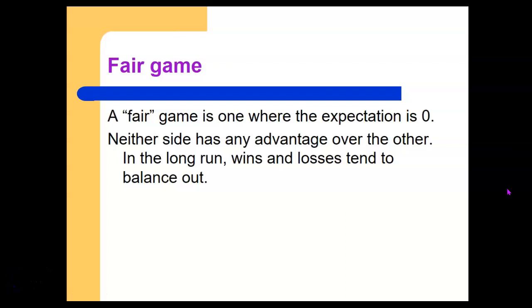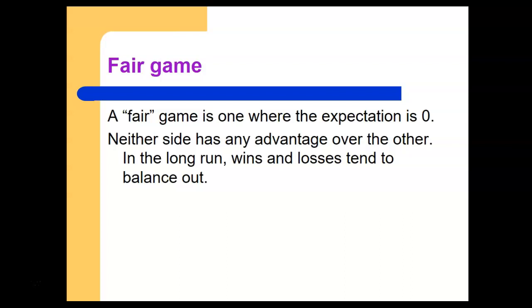Now, if you play the lottery or the slot machines or any casino game or anything like that, it's almost certainly not going to be a fair game in this sense of the word. That doesn't mean that they're trying to cheat you, that they're not being upfront about what the odds are, they've got things rigged.